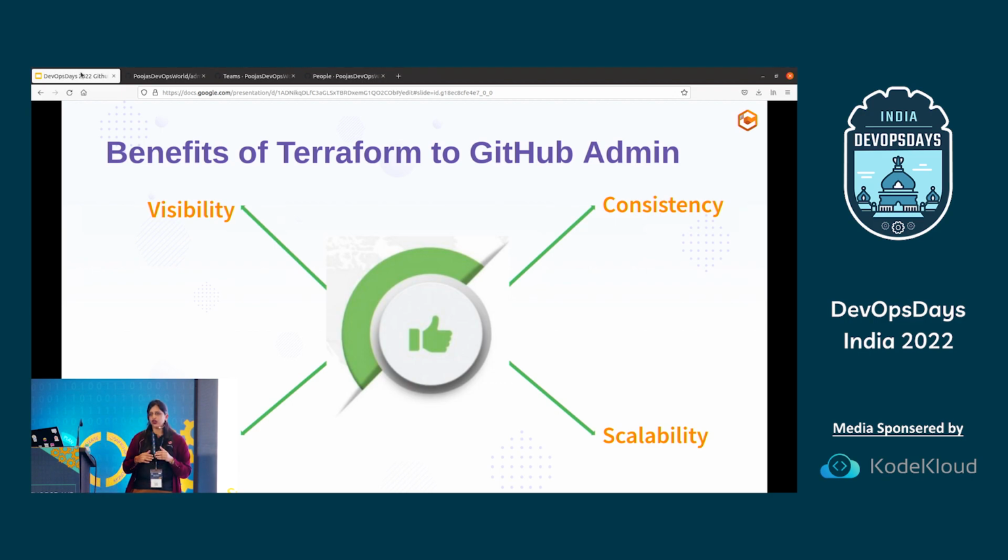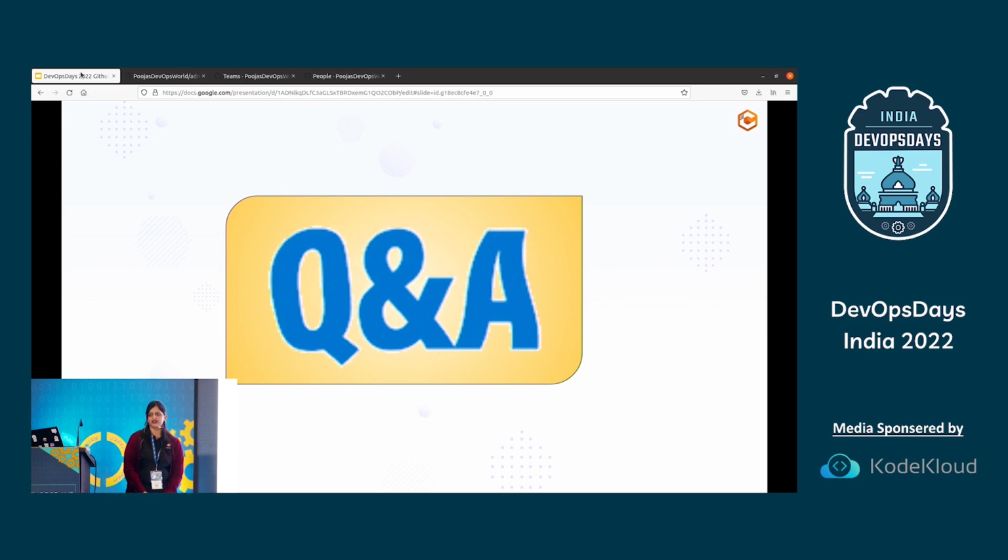So instead of relying on a human click on GitHub's UI, we can rely on a machine to push out the access and policies. Whether you are managing a GitHub enterprise of 100 users or implementing a consistent labeling scheme across your personal project, Terraform is the right tool for it. Those were the benefits of Terraform. I open up the forum for questions now.